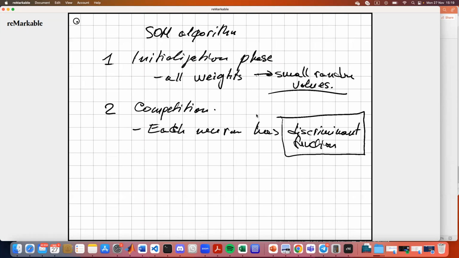This discriminant function is computed for each input pattern.